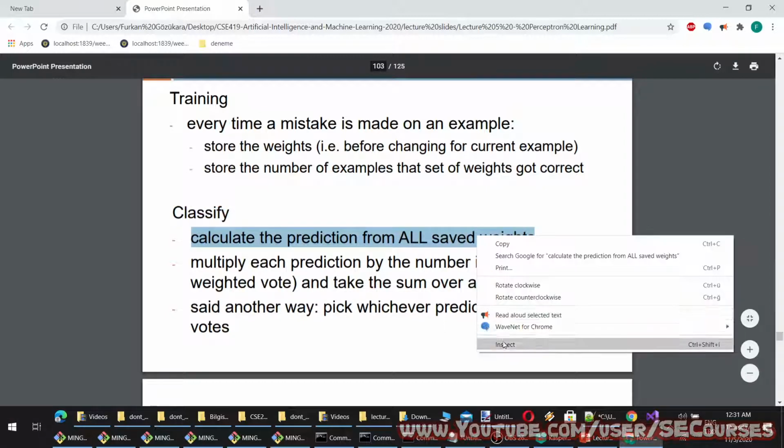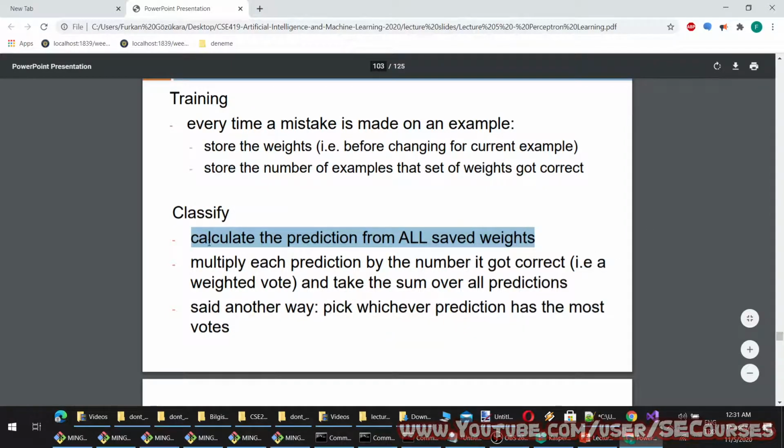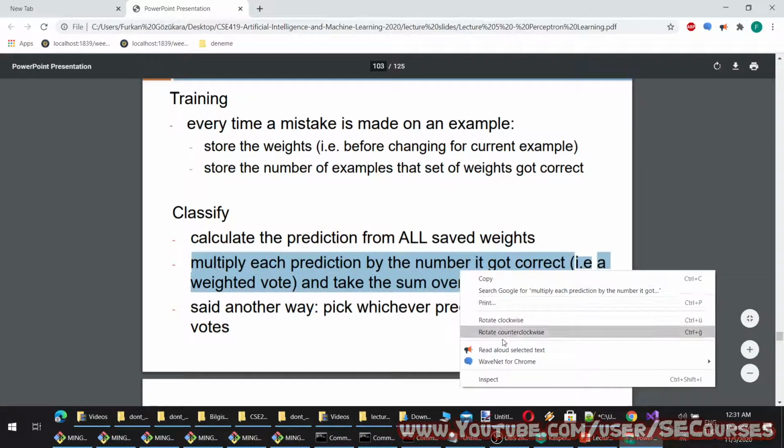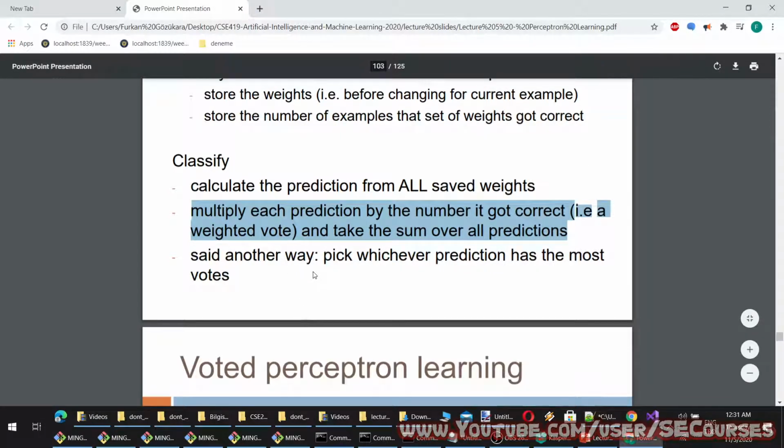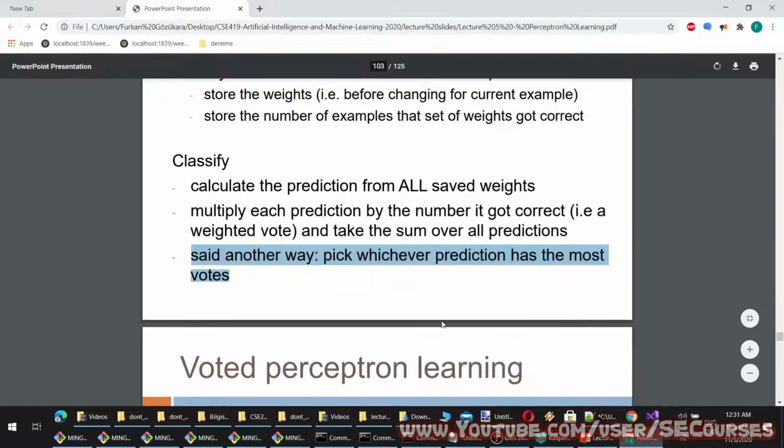Classify. Calculate the prediction from all saved weights. Multiply each prediction by the number it got correct, i.e. a weighted vote, and take the sum over all predictions. Said another way, pick whichever prediction has the most votes.